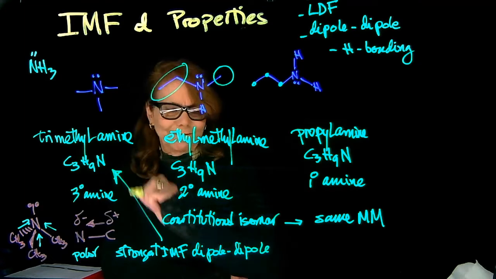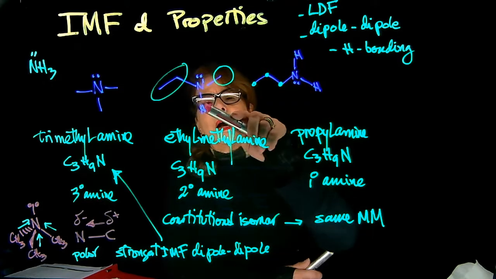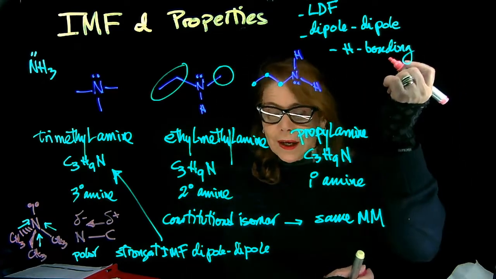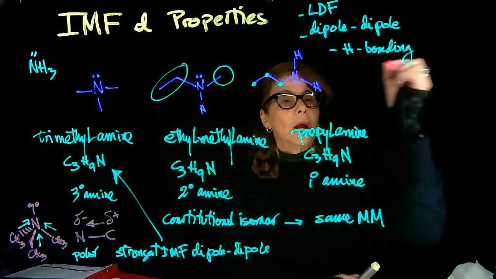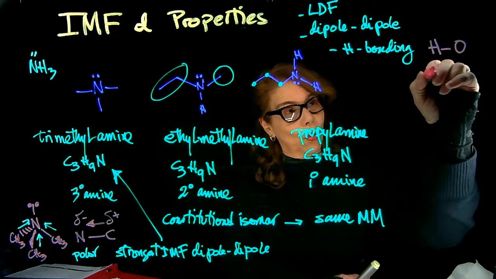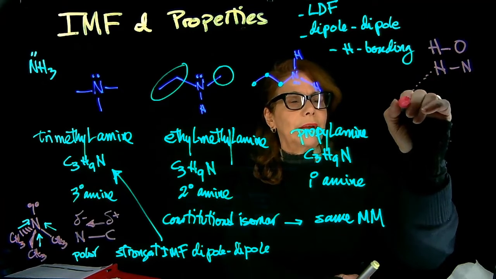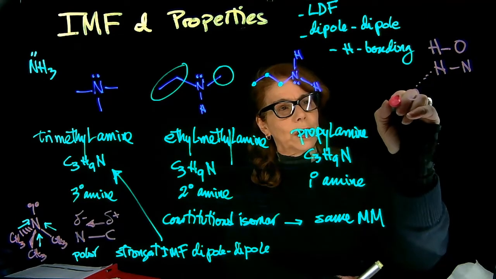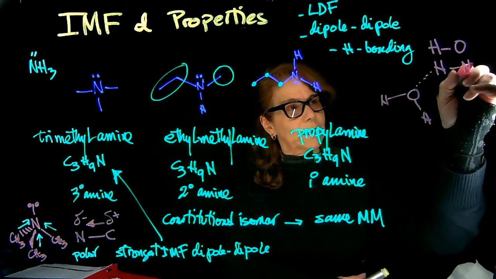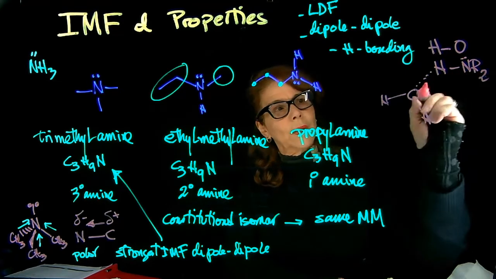Now let's analyze ethyl methylamine. Now I have a hydrogen attached to a nitrogen. When you identify a hydrogen bond, you should have a hydrogen attached to either an oxygen or a nitrogen, so a very polar bond. So this is, for example, interacting with water, and that will be a hydrogen bond.